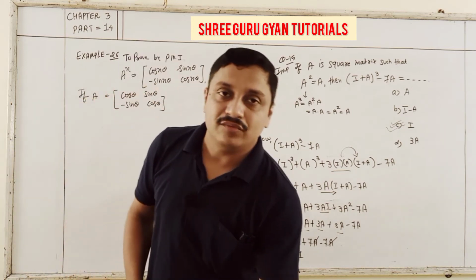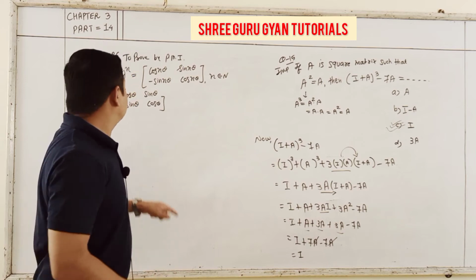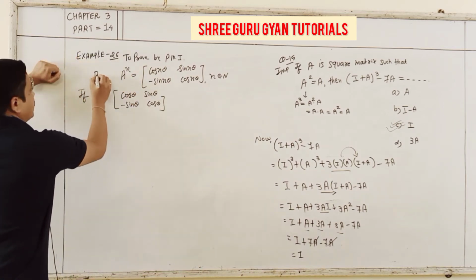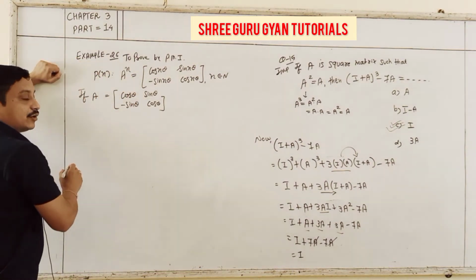A raised to n, we will apply that it is your P of n. This you will check, P of n, and start your PMI rule.